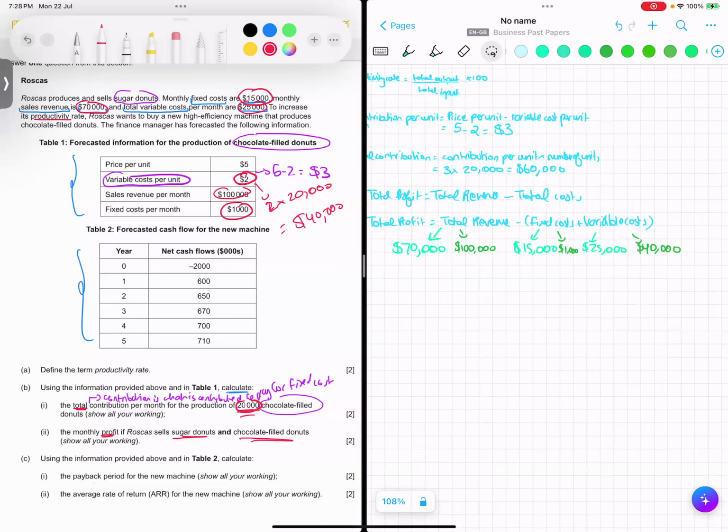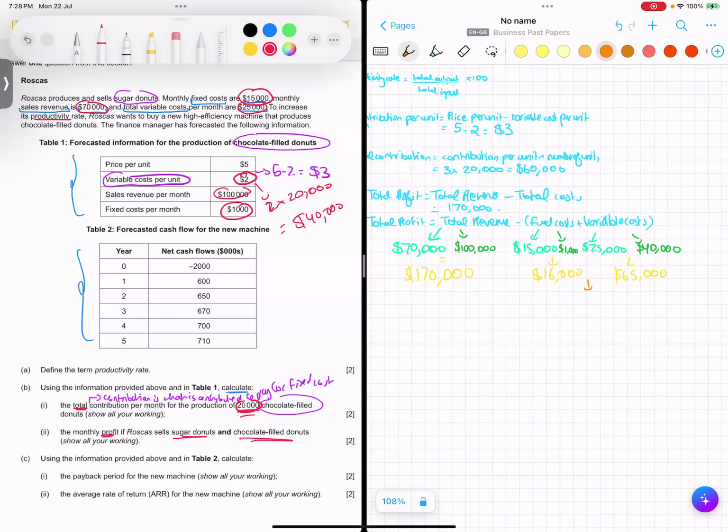So what you end up doing is that you end up just adding these. So here you get 170,000, and here you get 16,000, and here you get, okay, so we have 25 plus 40,000, which is 65,000, right? So our final answer here is 170,000 minus, what's 16 and 25 plus 65?